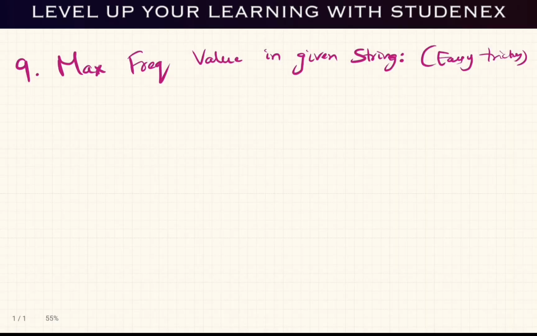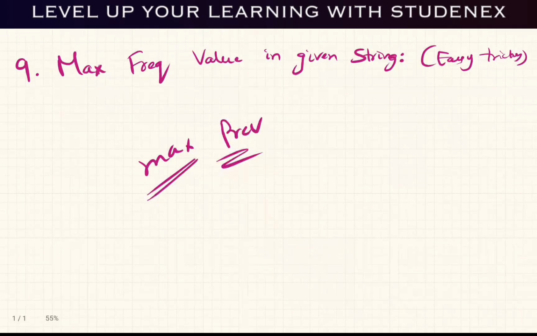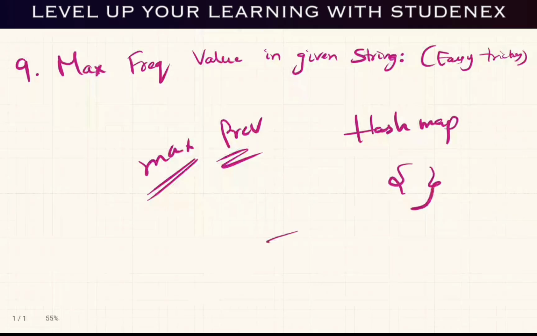Our ninth question is max frequency value in a given string, where we're gonna return the character which has the maximum frequency. So this is kind of tricky, but we have already done the hash map concept before in the previous questions. We also did the maximum function in previous questions.